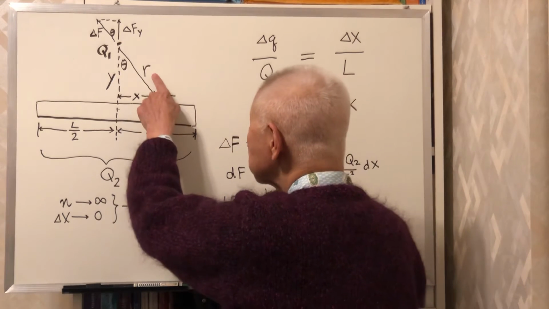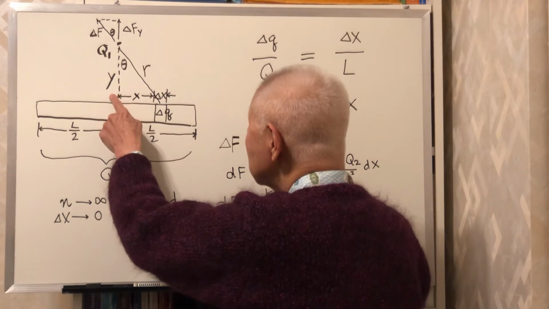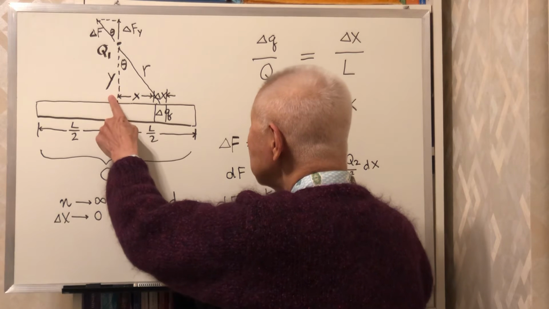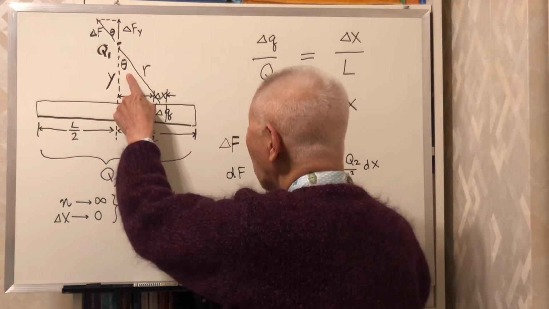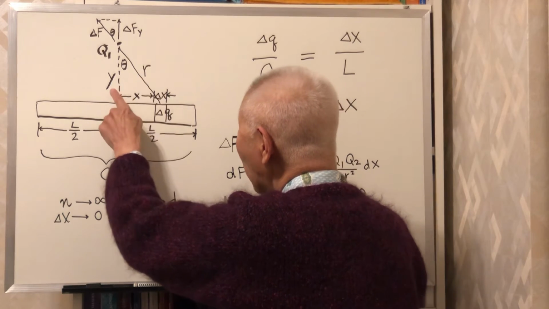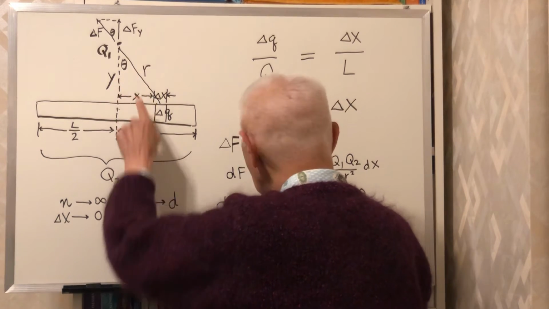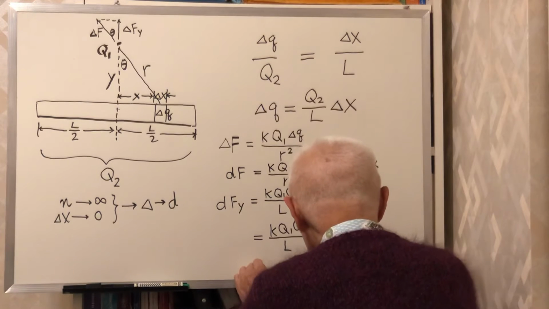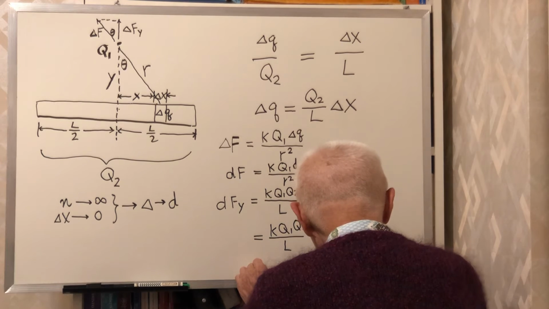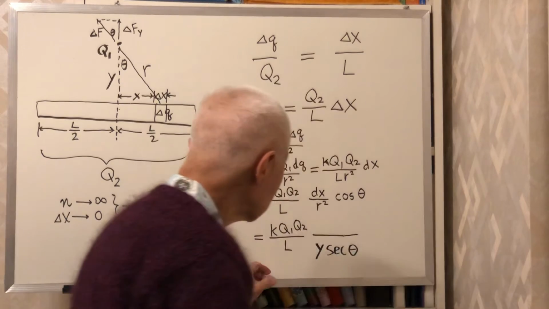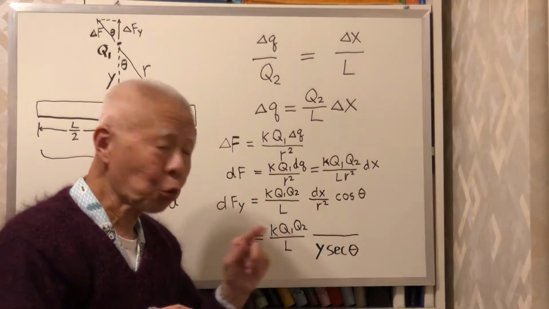Then the relation between r and y is r cosine theta equals y, or r is y secant theta. R is squared.